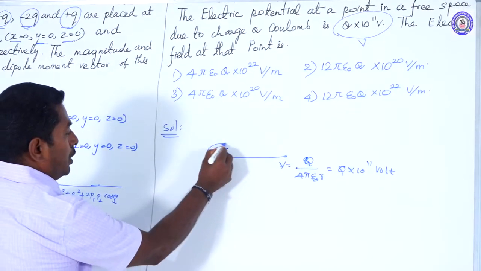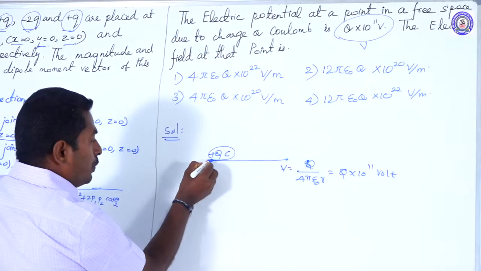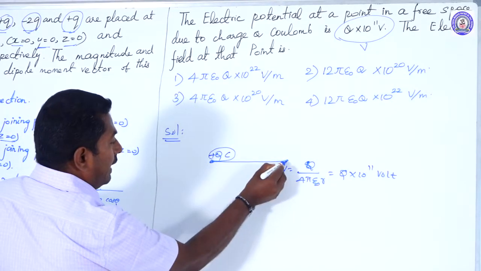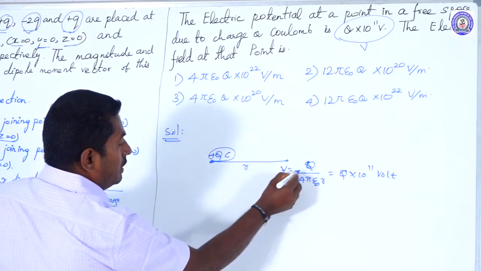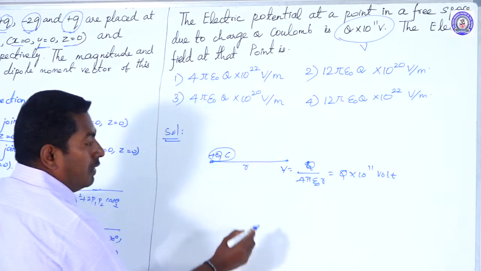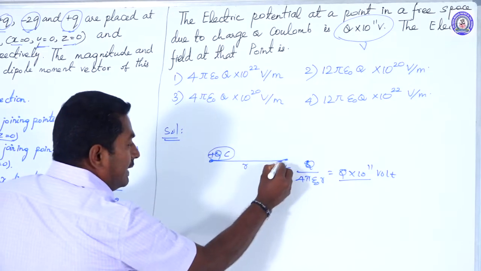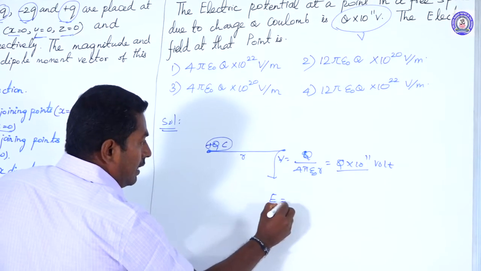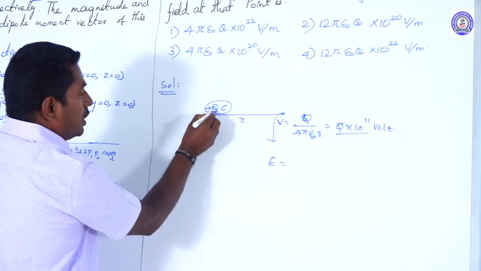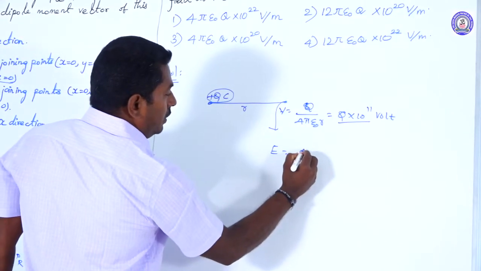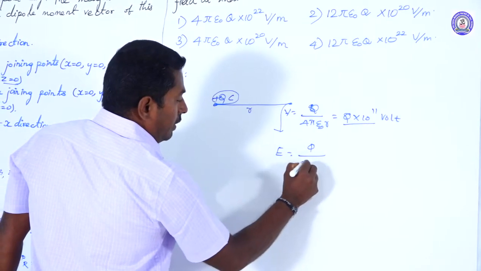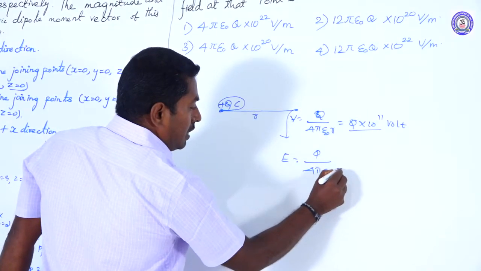This plus Q coulomb charge situated in free space produces an electric potential at a distance, V equal to Q divided by 4 pi epsilon naught R. That value is given as Q into 10 power 11 volt. What is the electric field intensity at this same point due to the plus Q coulomb charge? E is equal to Q divided by 4 pi epsilon naught R square.